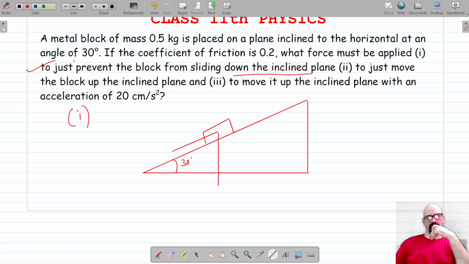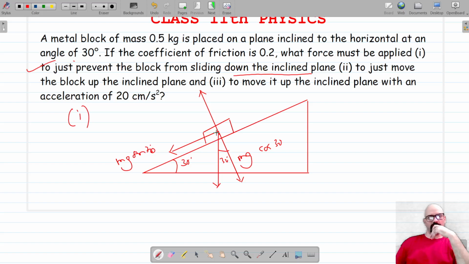This is its vertical component, and this is its horizontal component. This horizontal component is balanced by the normal reaction R. This is 30 degrees, so this is also 30 degrees. This is mg cos 30 degrees, and this is mg sin 30 degrees.